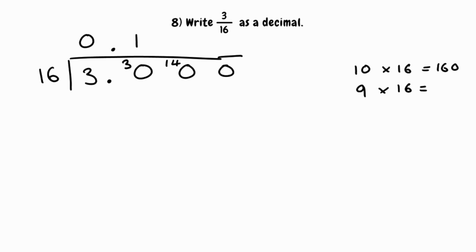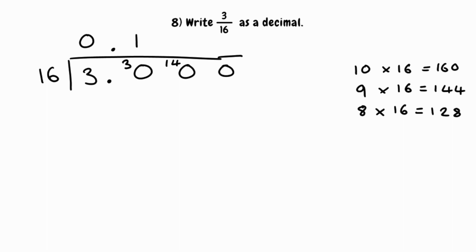So if we take 16 off that 160, we'd get 144. So looking back at the question, we need 140, so that's still a bit big. So let's go down again. Let's go down to 8. That means 8 multiplied by 16, again, must be 16 less than 144, which is 128.